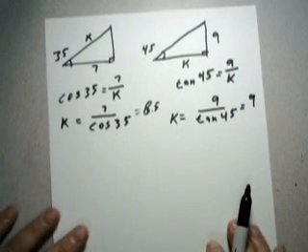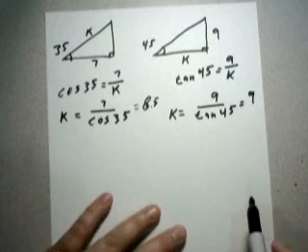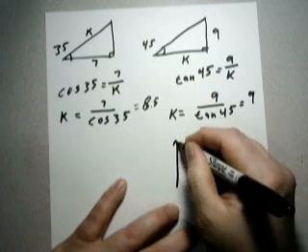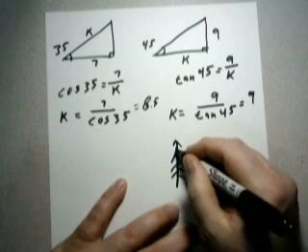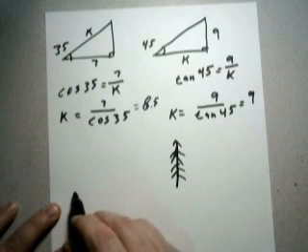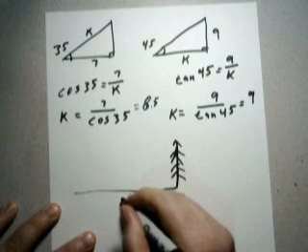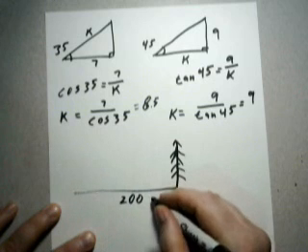All right, so let's take a look at number 7. So a surveyor wishes to determine the height of a tree. So we've got a tree. Nice little Christmas tree. The distance from the surveyor to the tree is 200 feet.